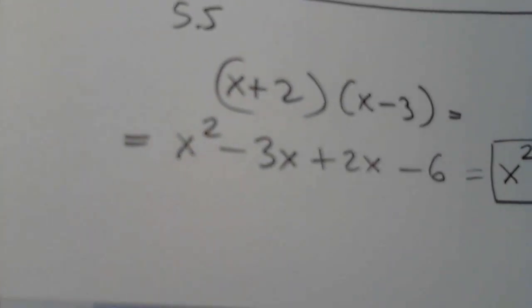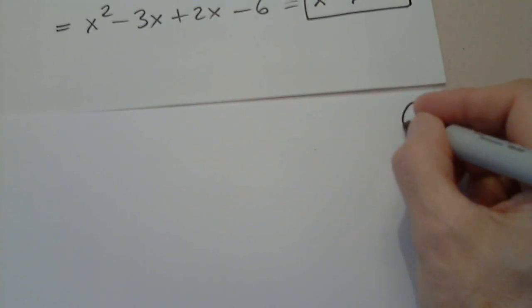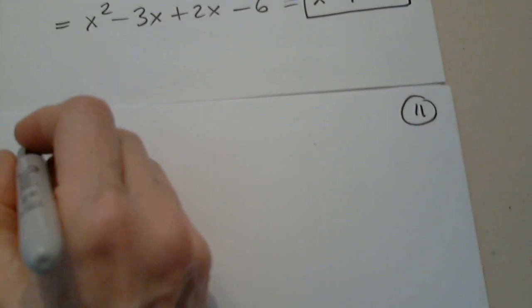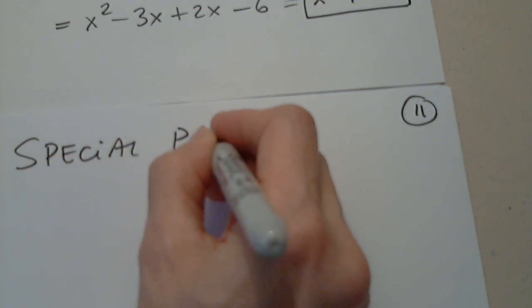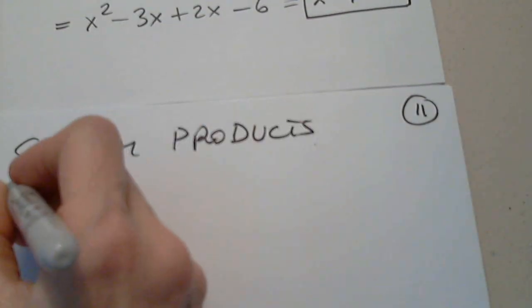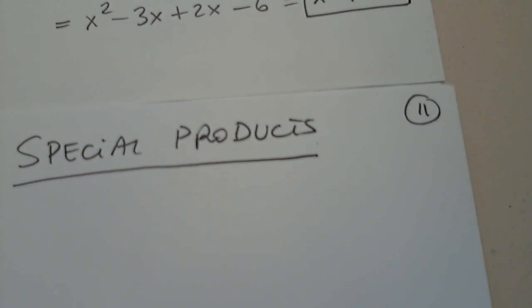What do we mean by special products? Special products are formulas that have to be memorized. Yes, you can keep them on your formula sheet, but that's not a good idea.